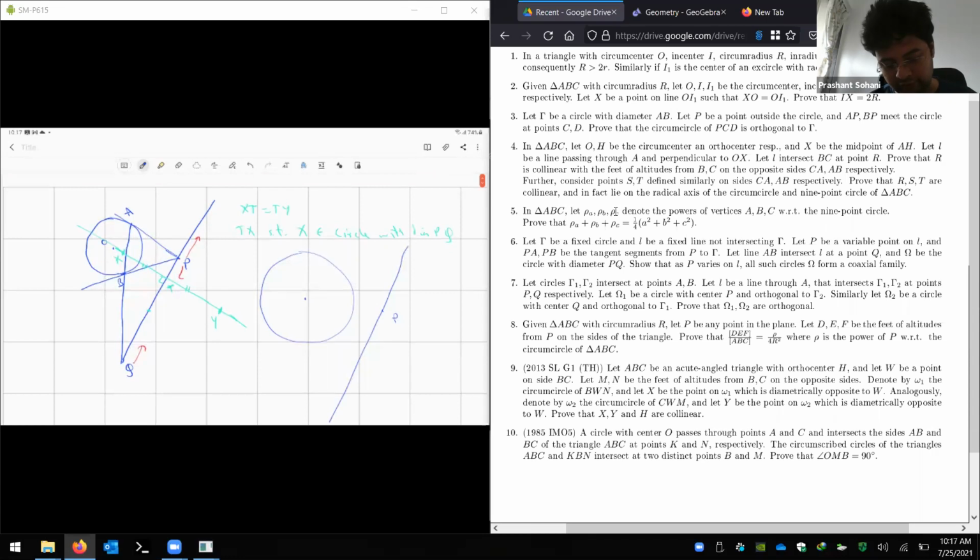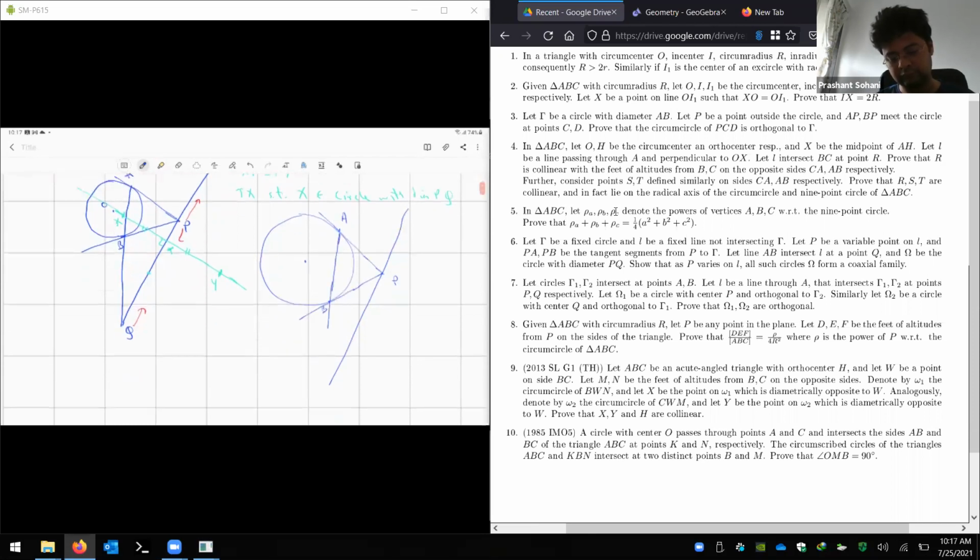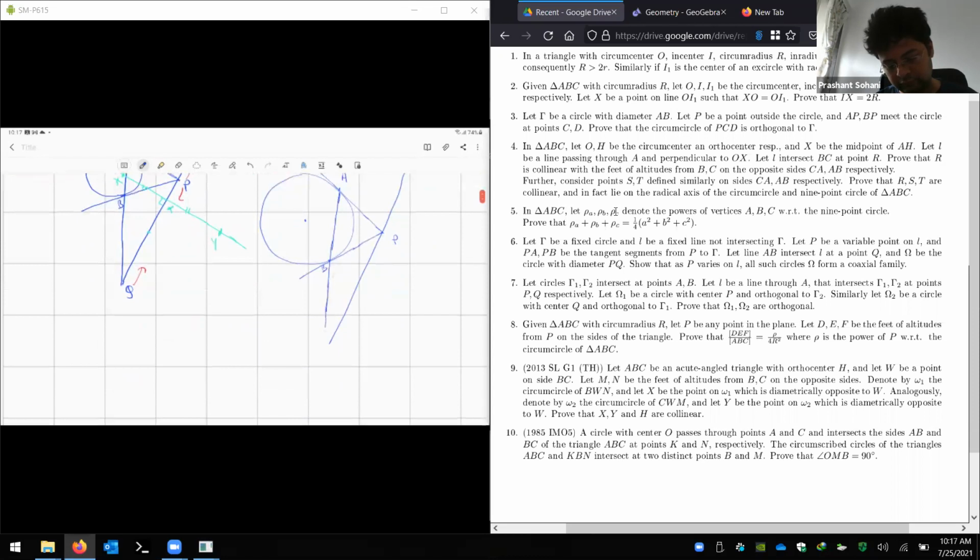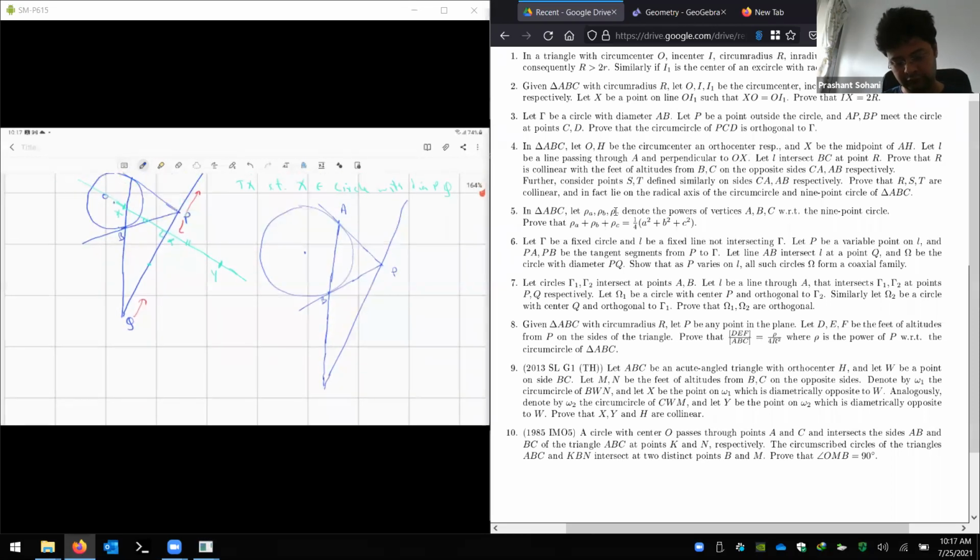So again, if I construct, this is point Q.